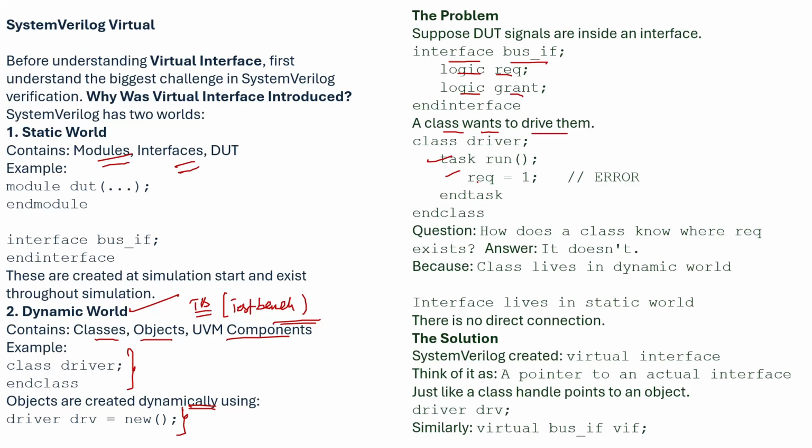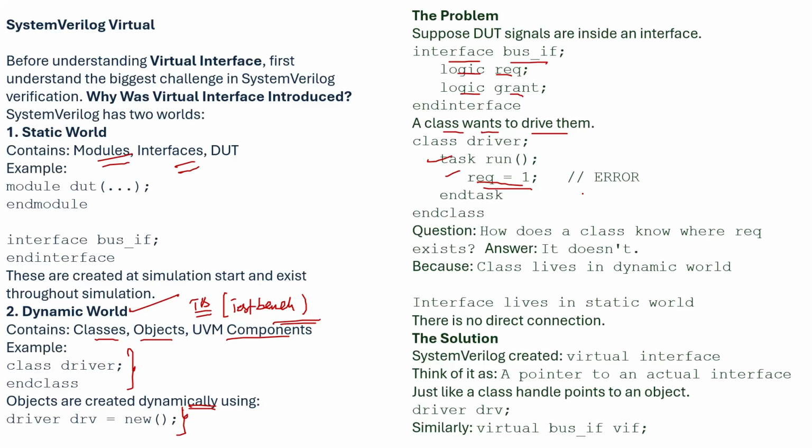Directly giving request equal to 1 gives that error, because how does a class know that the request is there in your interface? We don't know, right? We are representing the signals in our interface, and those interface signals are communicating with the dynamic classes.